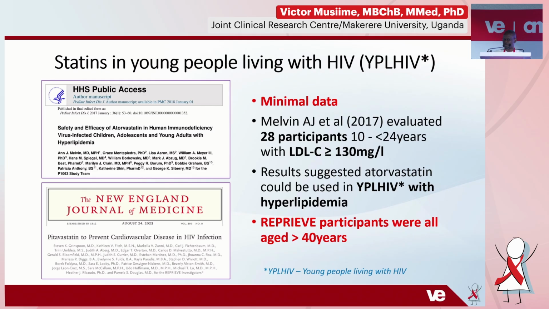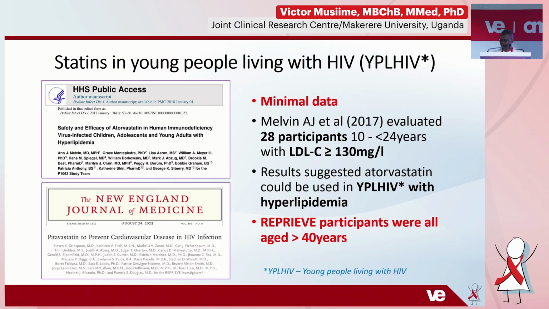Now, let's start with what the evidence is with statins among young people living with HIV. There's very minimal data. There's a study that was done and published around 2017, recruited 28 participants aged 10 to 24 years. All these participants had a high LDL, over 130 milligrams per deciliter.